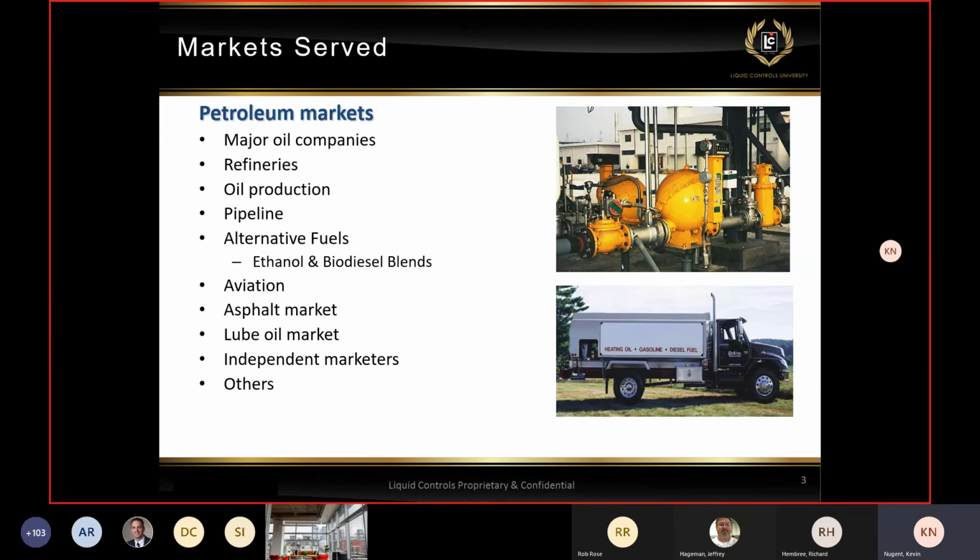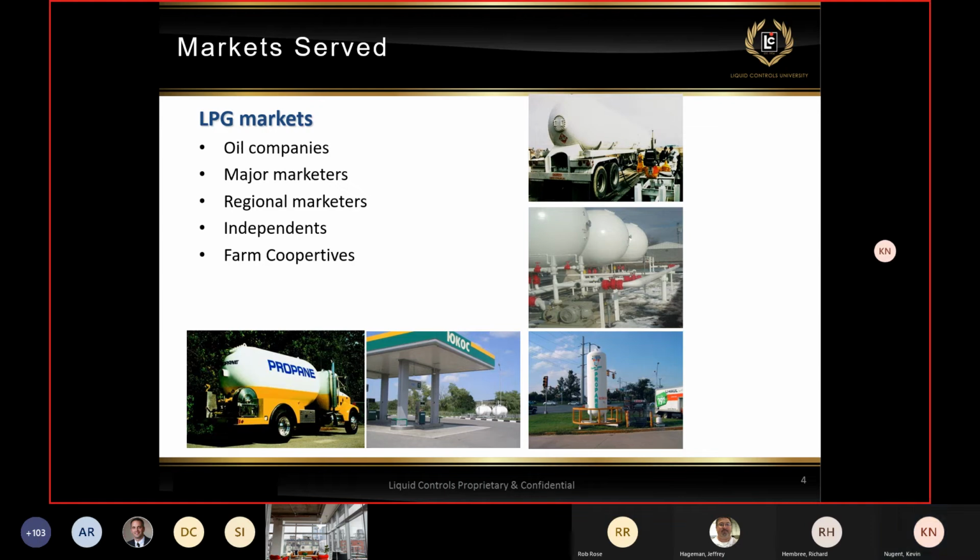Some of these screens are repetitive, but worth repeating. A lot of the markets that we serve with our meters: major oil companies, oil production, pipeline, alternative fuels. I'll highlight where we're very successful: ethanol, biodiesel, aviation as a large umbrella where we have the carts, refuelers, the fuel farms, asphalt, lubrication oil marketers, just to name a few.